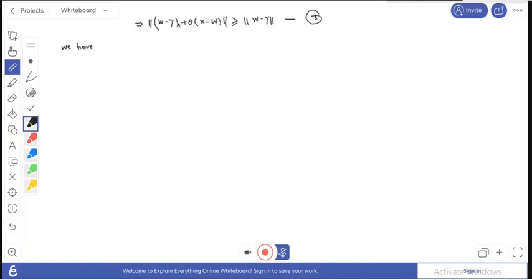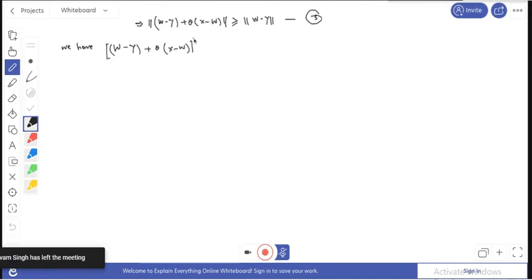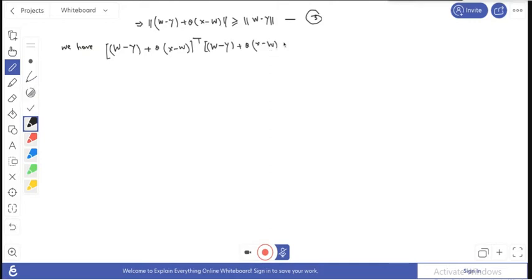So here we can write this term as the norm of this. This means you can write this as w minus y plus theta times x minus w, transposed, with w minus y plus theta times x minus w.